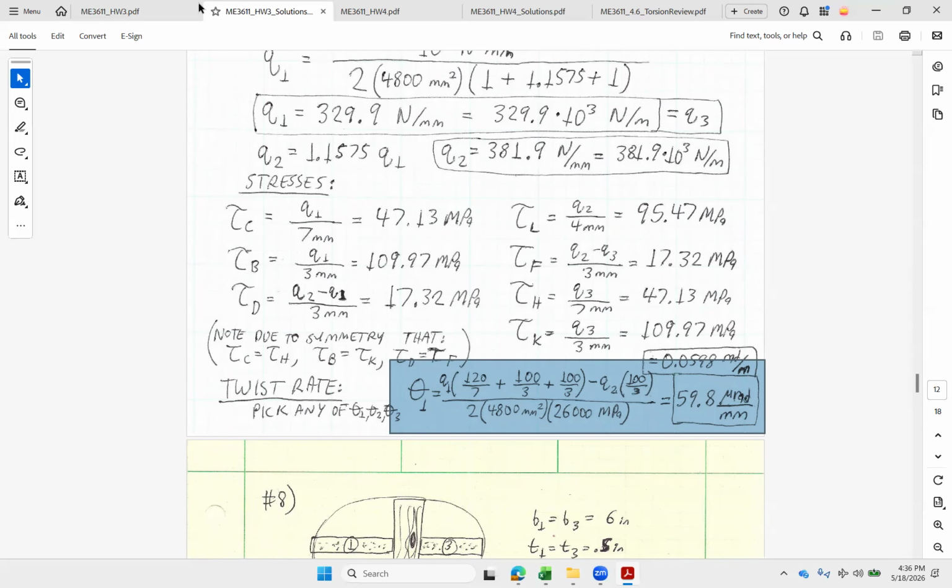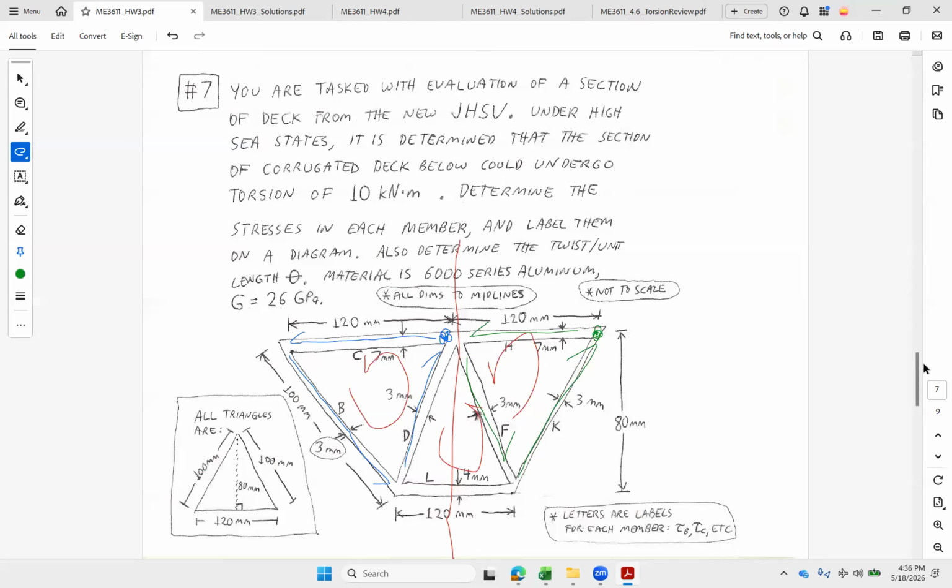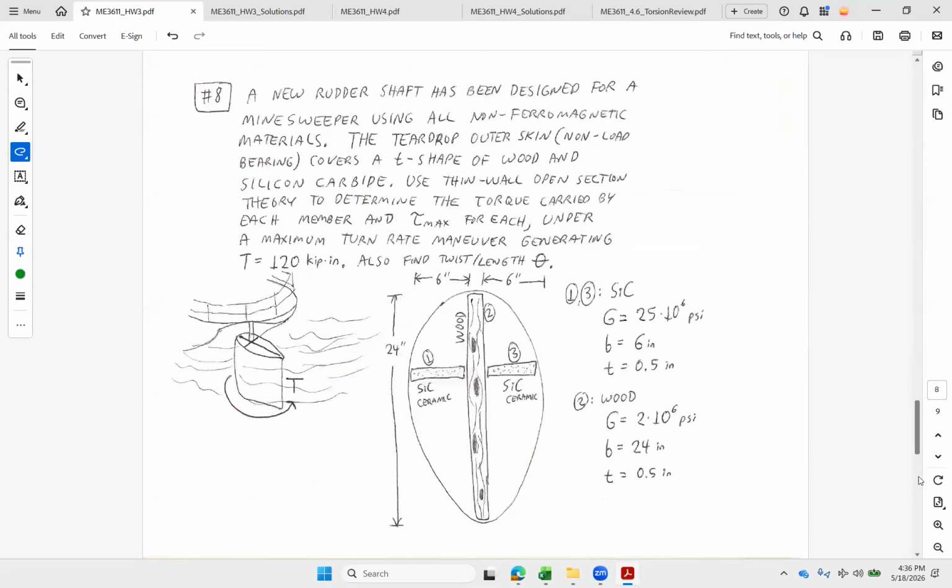All right, a lot of this torsion stuff, once you get the formulas, it's fairly straightforward. Let's take a look at number 8. We're looking at this T-shaped cross-section for a minesweeper rudder, all non-ferromagnetic materials. So we got a ceramic set of wings on the sides and then a wood main spar. The ceramic wings have a really high stiffness.